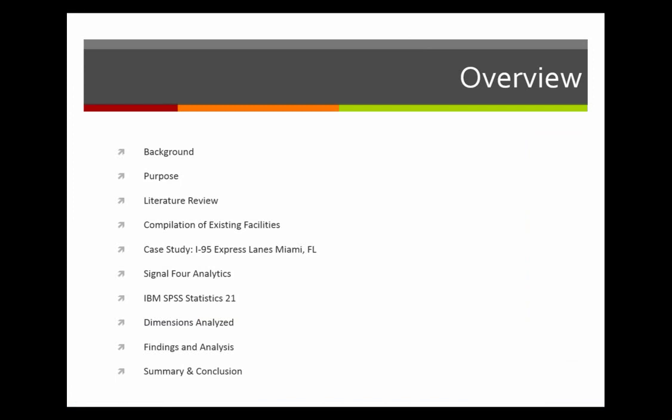And then I delved into a case study, specifically with I-95 Express in Miami, Florida, and everything that ensues after that is the software and the data analysis and the findings from the data that I analyzed specifically for the express lanes in Miami. And then I'll go over all the dimensions that I analyzed and show you some graphs and charts. And then I'll go through my findings and analysis, and finally a summary to really tie it all together and some conclusions that I found.